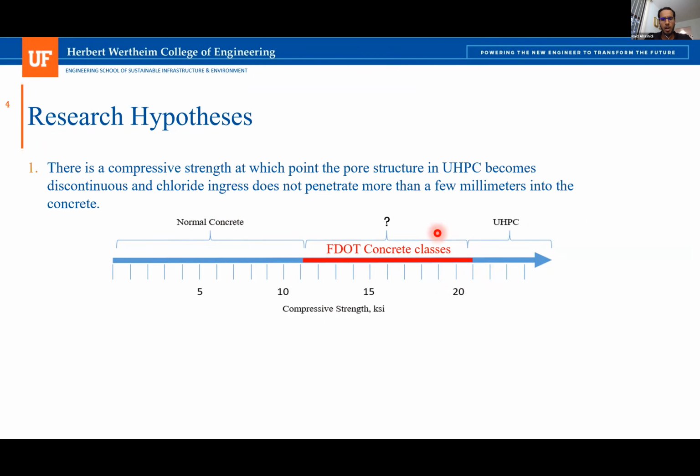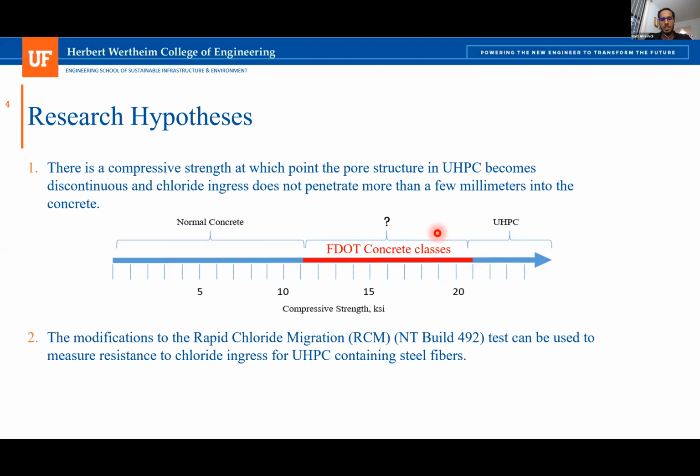The second hypothesis: since UHPC has steel fibers, we believe that a modification to the rapid chloride migration test can be used to measure the chloride penetration.